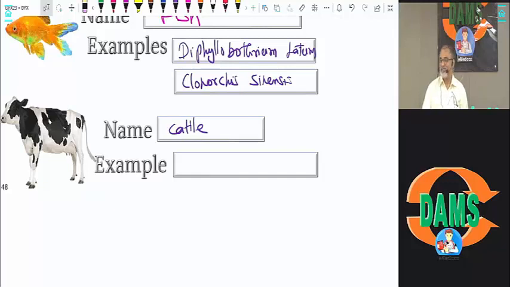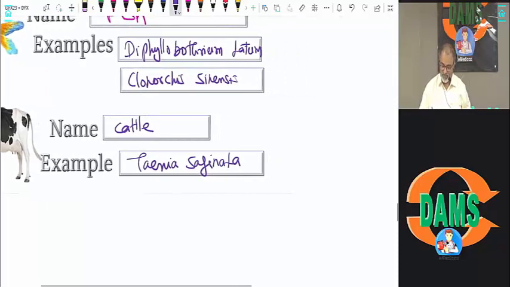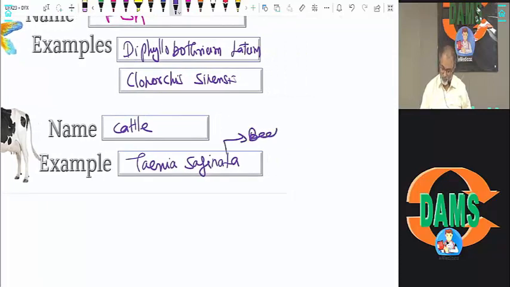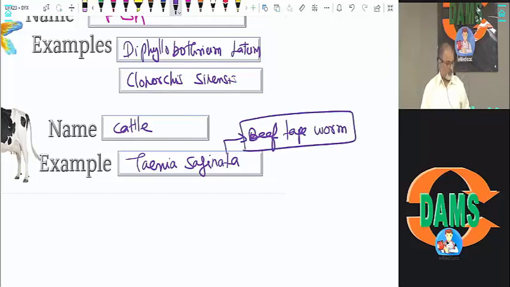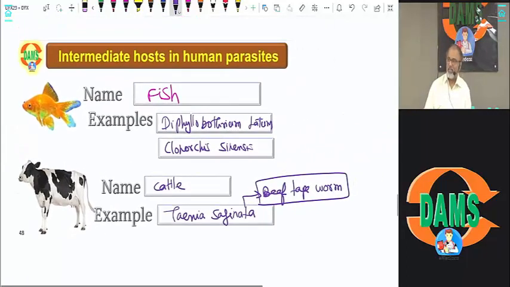Taenia saginata, because Taenia saginata is otherwise called beef tapeworm. We call it beef tapeworm. Taenia saginata, beef tapeworm. Okay, we should know the intermediate host.